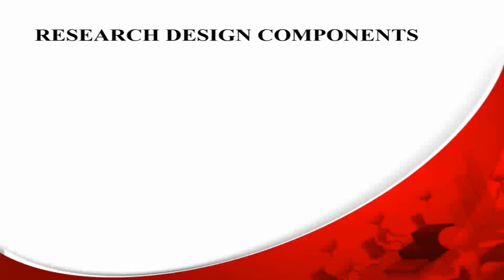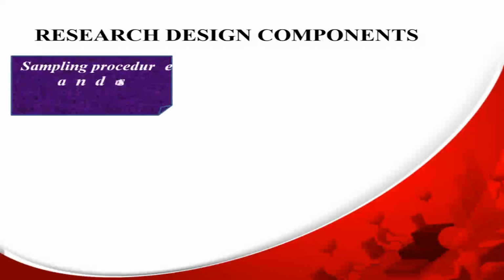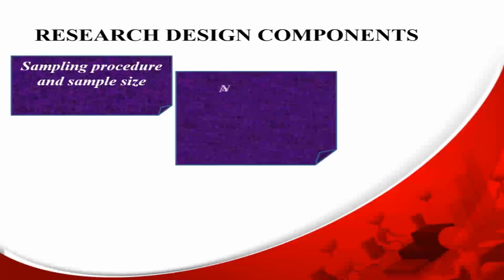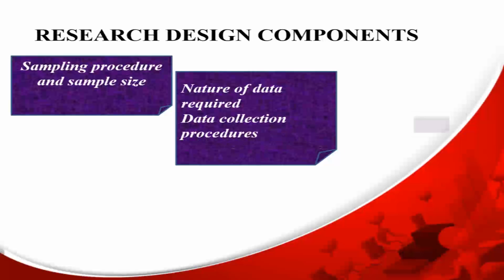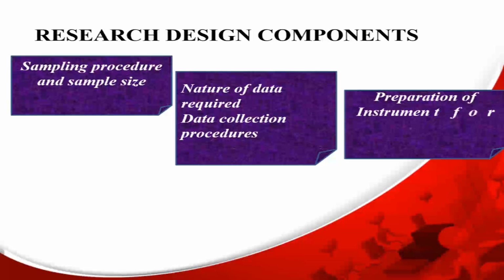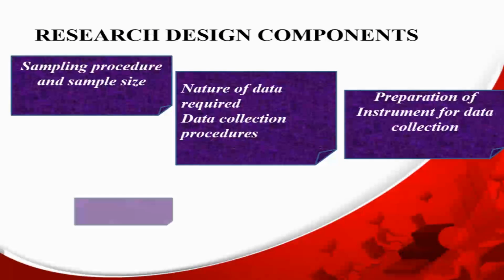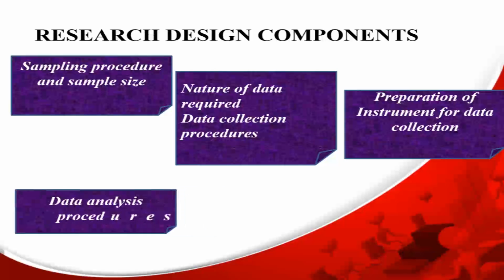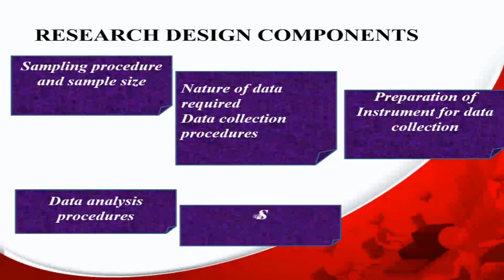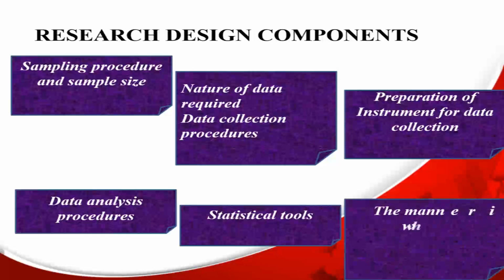A typical research design includes components like sampling procedure and sample size, nature of data required, data collection procedures, preparation of selection instruments for data collection, data analysis procedures, statistical tools to be used for data analysis, and the manner in which report will be prepared, etc.